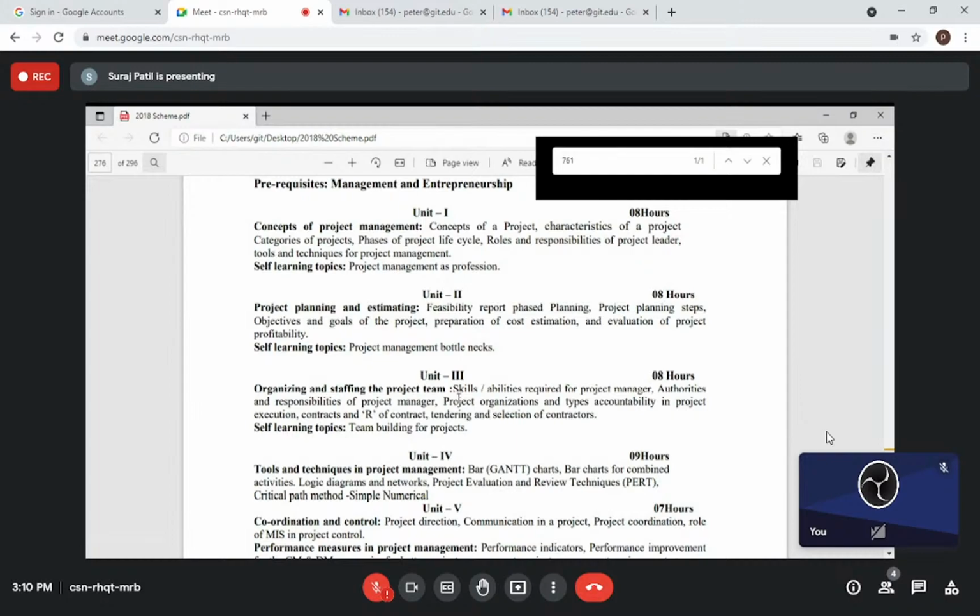When we come to the third unit, organizing and staffing of the project. Here we need to organize. A project is nothing but a complex set of activities which we are going to do. So we should have a particular organization for the completion of the project, like you might have studied in M&D, line and staff organization.